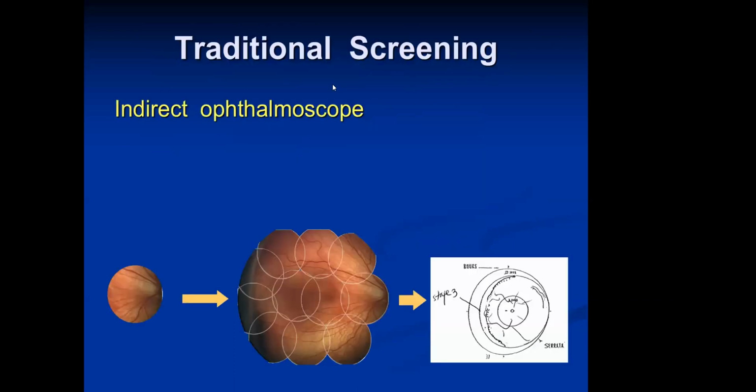We'll start with traditional screening using the indirect ophthalmoscope. This is how we started the screening. Then examine every quadrant of the fundus, and then record the findings using standard ROP documentation.